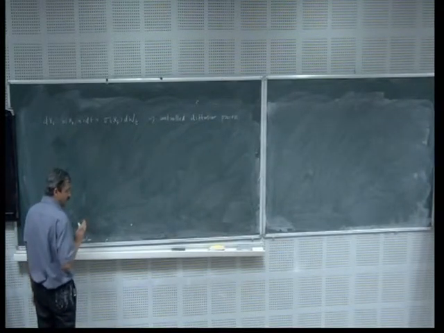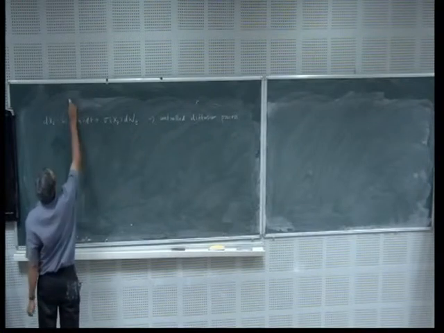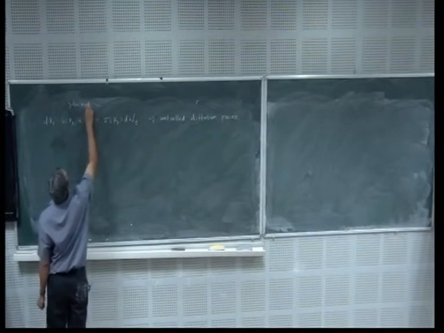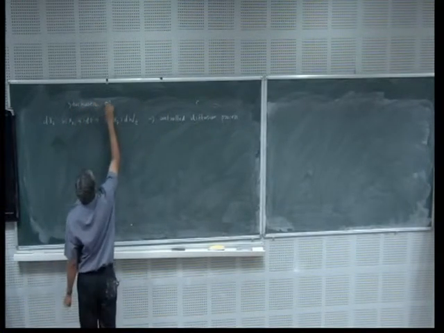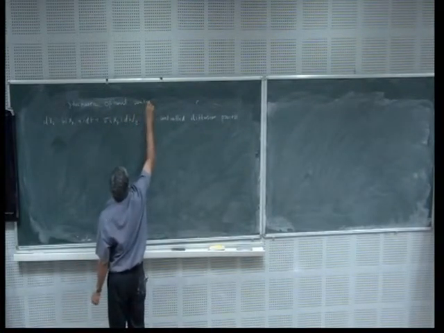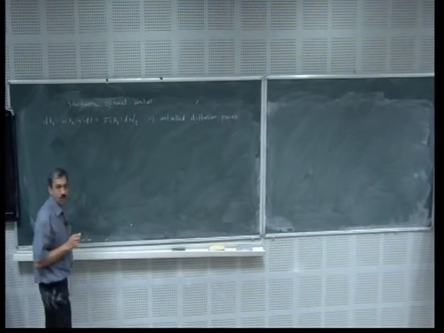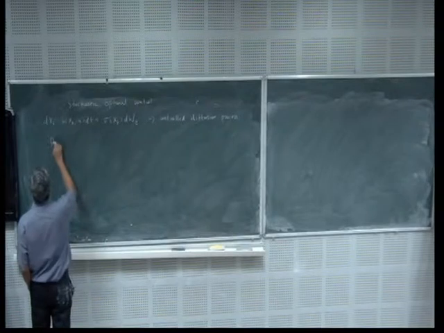Typically, the two standard problems in stochastic optimal control are with infinite horizon. One is a discounted cost problem, which is somewhat easier.